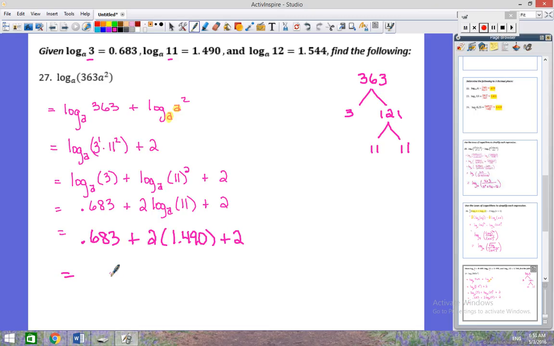So if I've done that correctly, I have 5.663. Since these are all 3 decimals, I'm just going to go ahead and give my final answer here to 3 decimals. Alright. Let's move on.